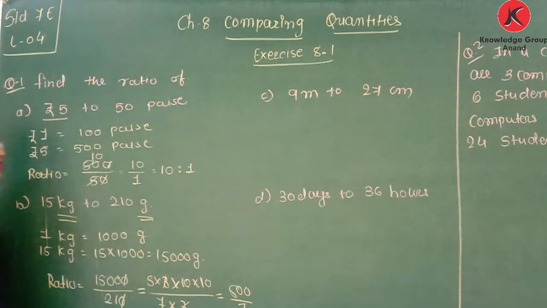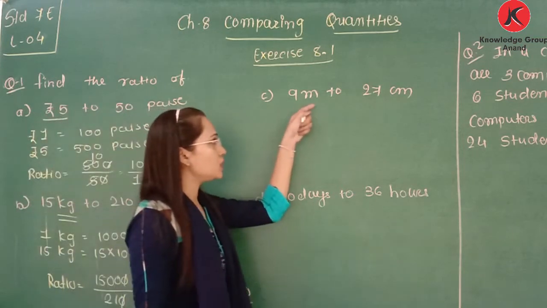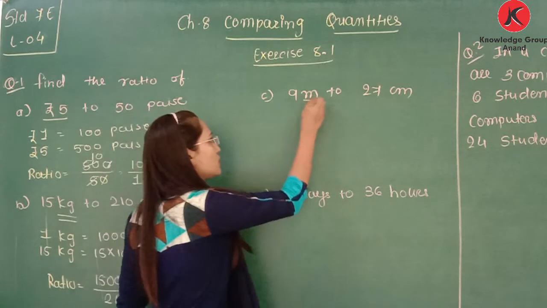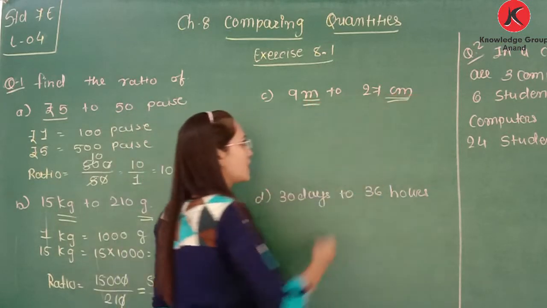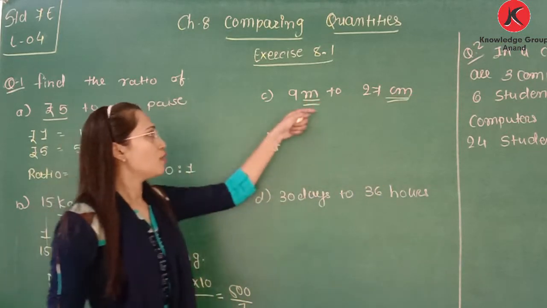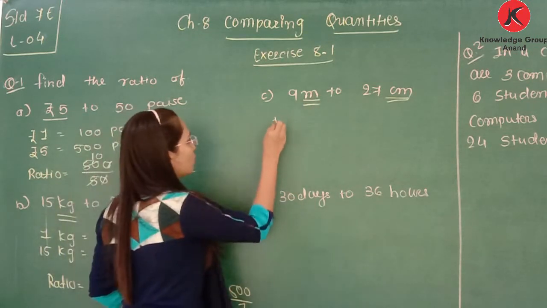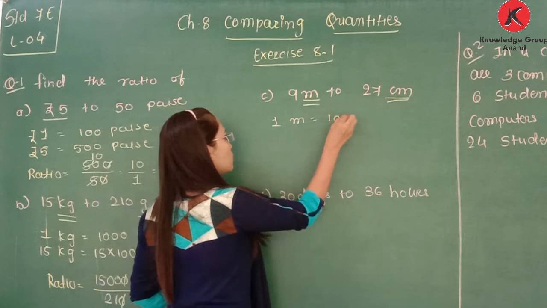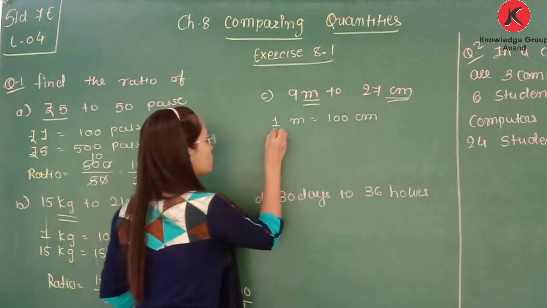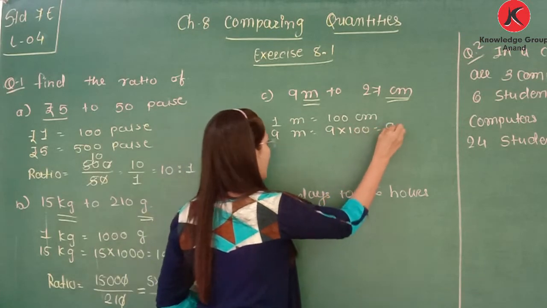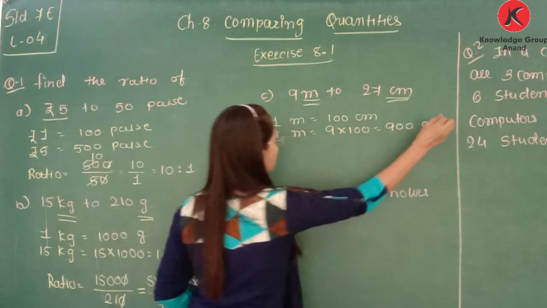Clear? Now next one. 9 meter to 27 centimeter. So here the first unit is in meter and the second unit is in centimeter. Which one is larger? Meter is larger, so convert meter into centimeter. Now we know that 1 meter is equal to 100 centimeter. So 9 meter is equal to 9 multiplied by 100, that is 900 centimeter.